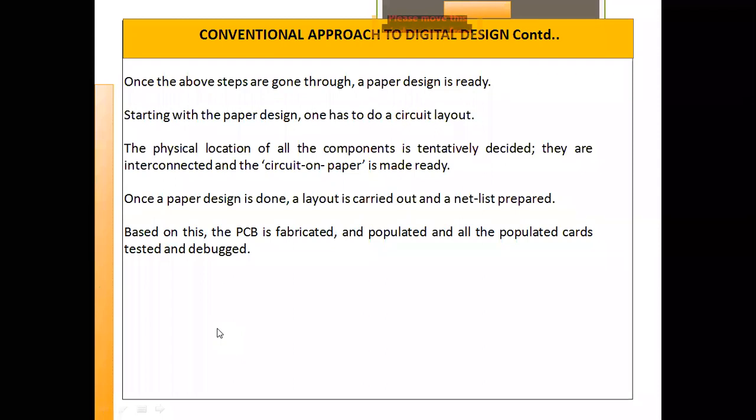So you have seen this can be fabricated on PCB, that is nothing but printed circuit board, and the populated cards tested and debugging can be done. First you have a circuit on paper and you have decided which component has to be placed where.